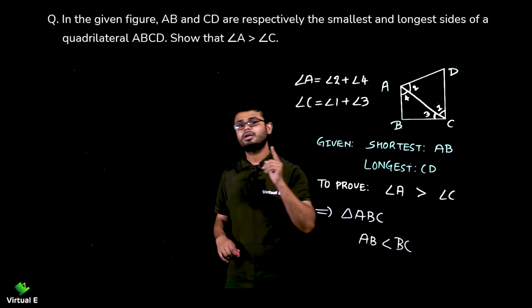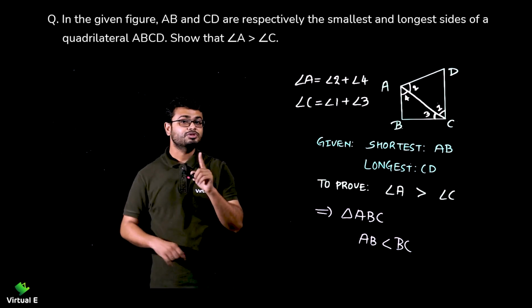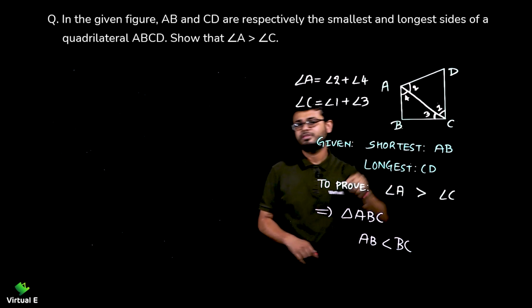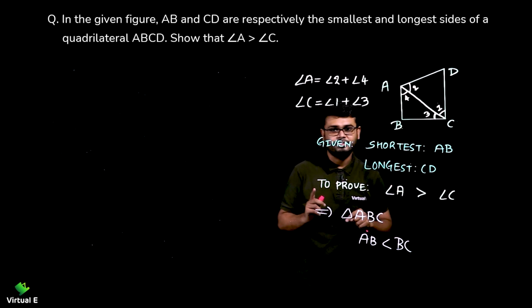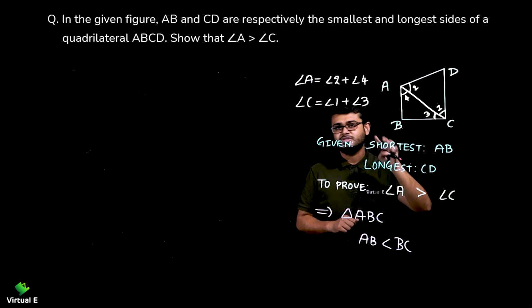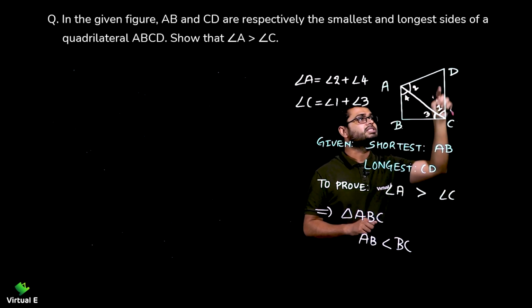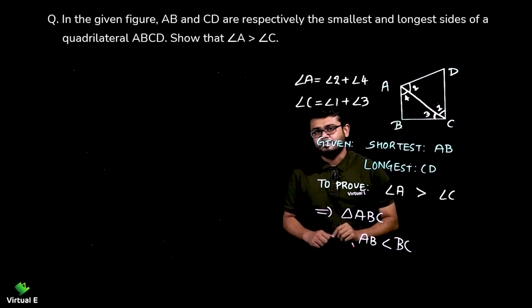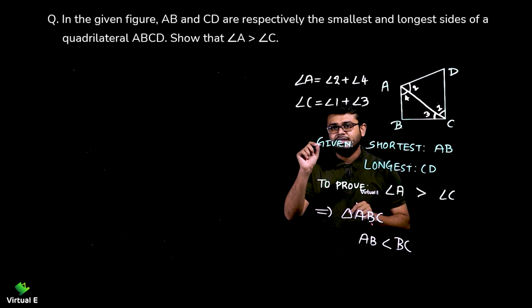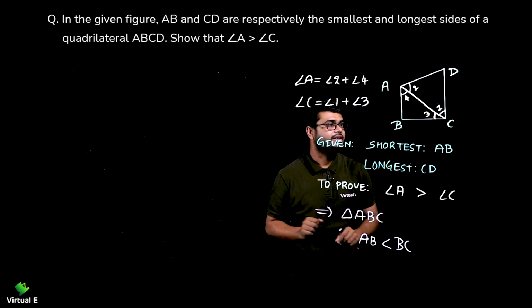Remember, you cannot take AC over here because we do not have information related to the diagonal of the quadrilateral. When we compare, we need to compare only these four sides: AB, BC, CD and AD. So out of BC and AD, we know that AD is the smallest side, right?